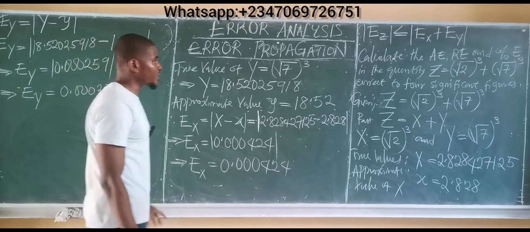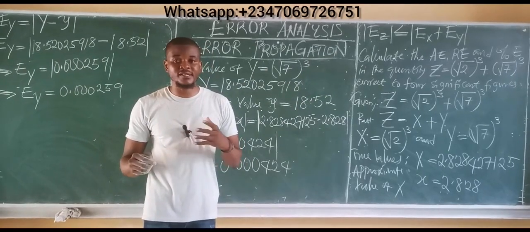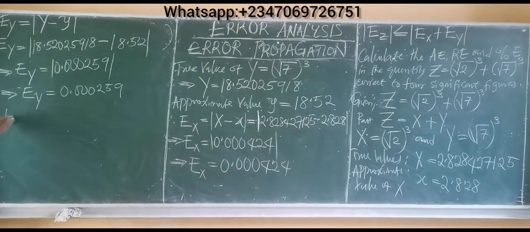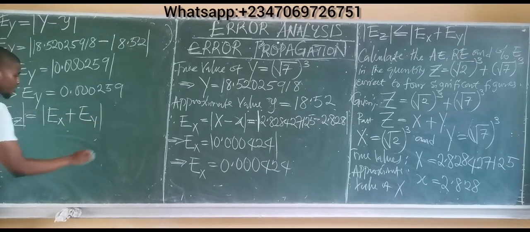Now, if you know your error in y and you know your error in x, then you can compute the error in the function or quantity z. Therefore, error in z is simply equal to the modulus of the error in x plus error in y.